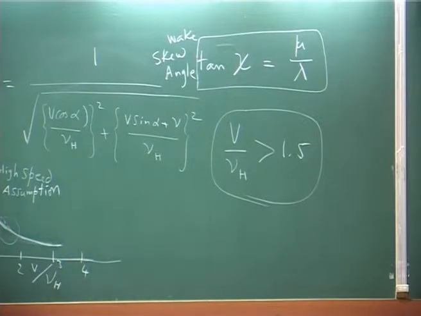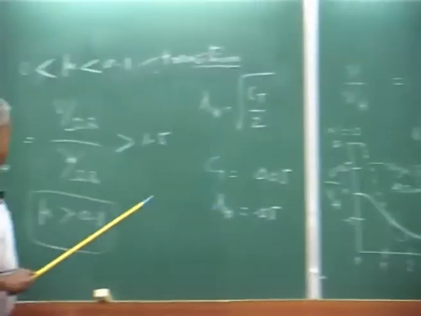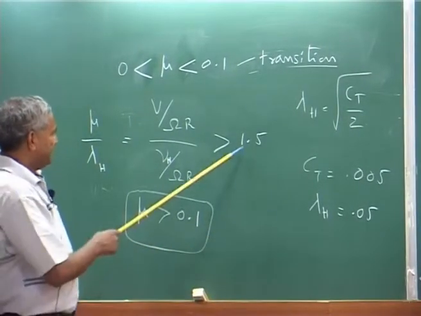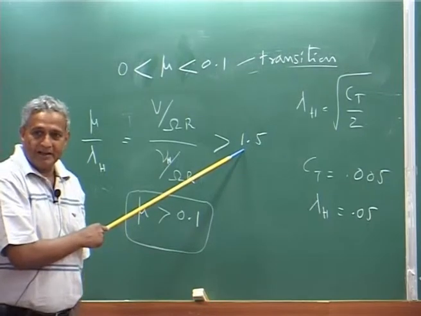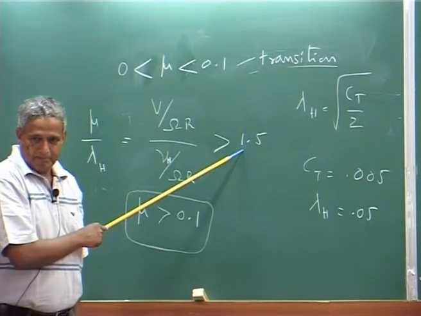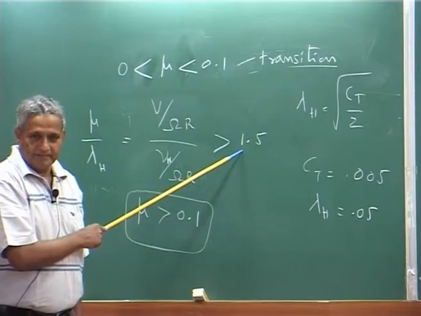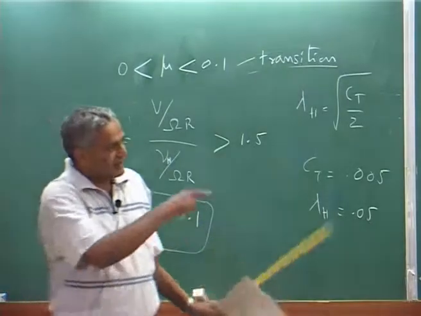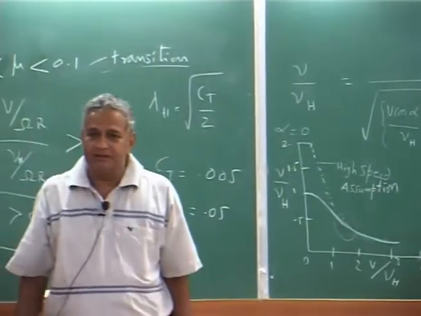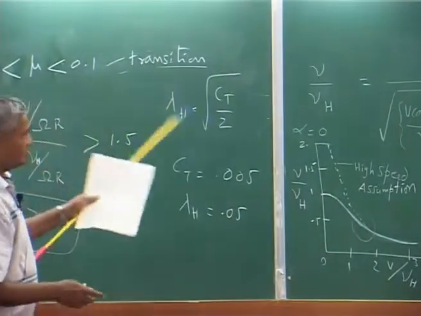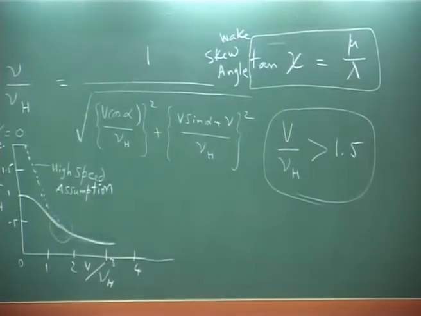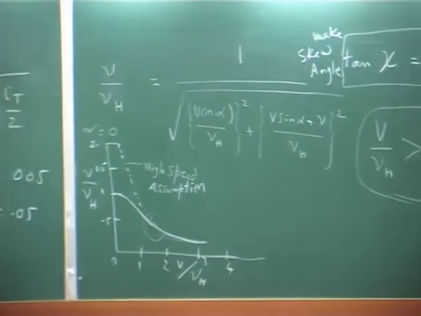If we apply this rule, we said that mu over lambda h is approximately 1.5. Usually the angle becomes 0 when mu is 0: tan chi is 0, that is straight. When mu is very large, the wake is swept and this angle is almost 90 degrees.